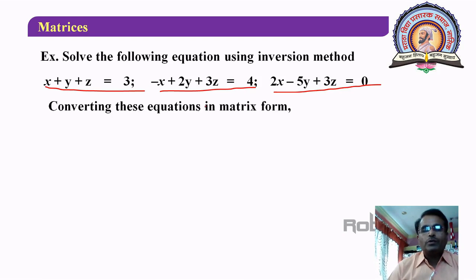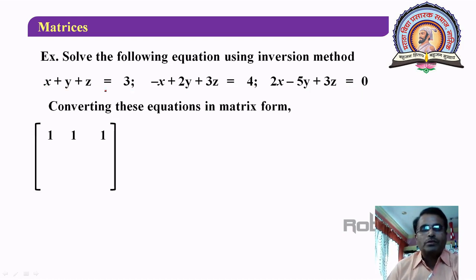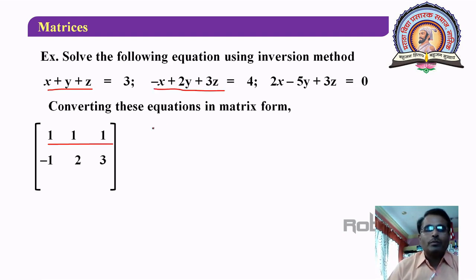Now, our first job is to write its matrix form, and we know that the matrix form is Ax equal to B. Here the first row is the matrix of left hand side coefficients of the first equation, that is 1 1 1. Then the second row is minus 1 2 3. The third row is 2 minus 5 3.